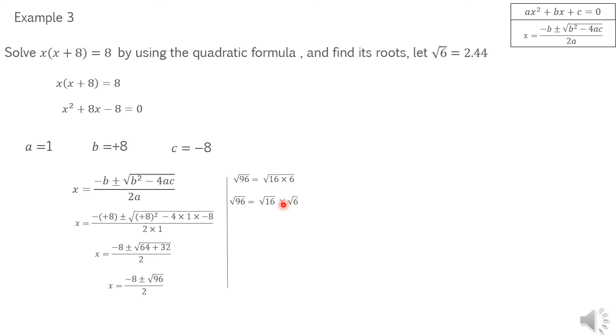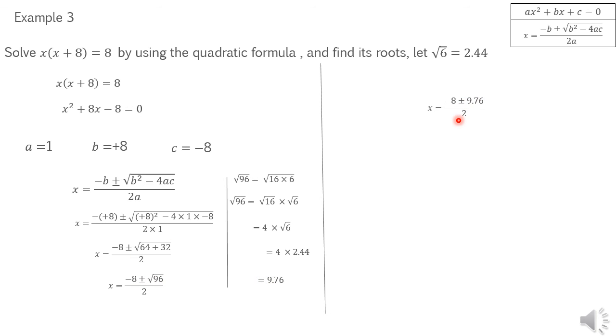Square root 16 we know the value, student, that is 4, then into square root 6. Now they have given square root 6, so if you put it here, you multiply those two: 4 into 2.44, then you get 9.76.